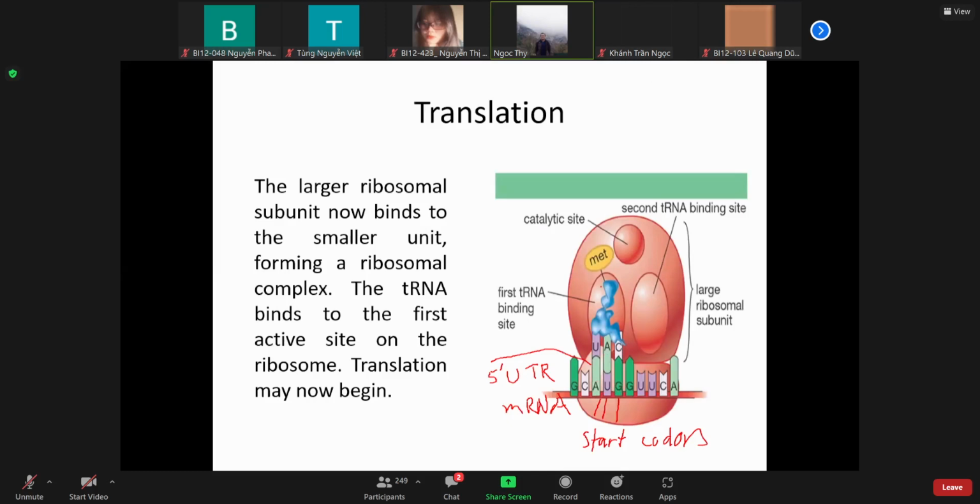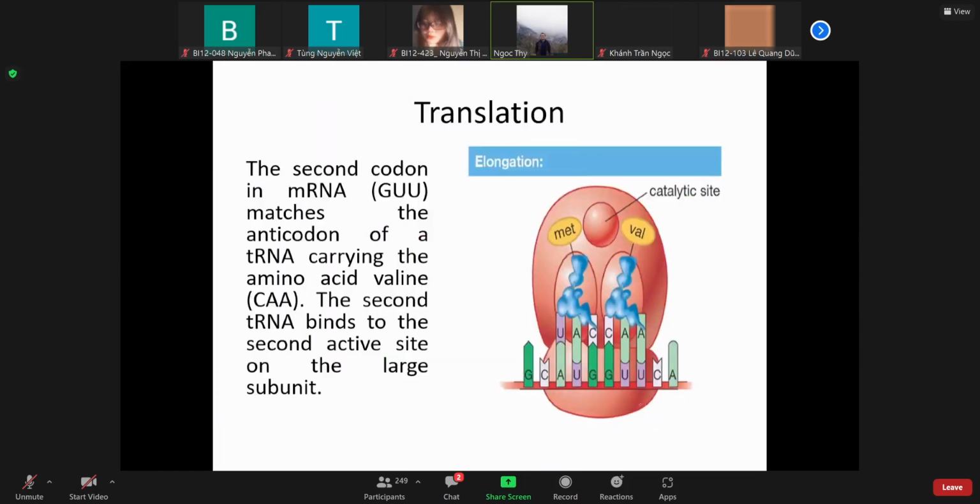So in the ribosome, there are two positions. The first one here, and the second one. Next, the next tRNA will come and bind and release the amino acid here.